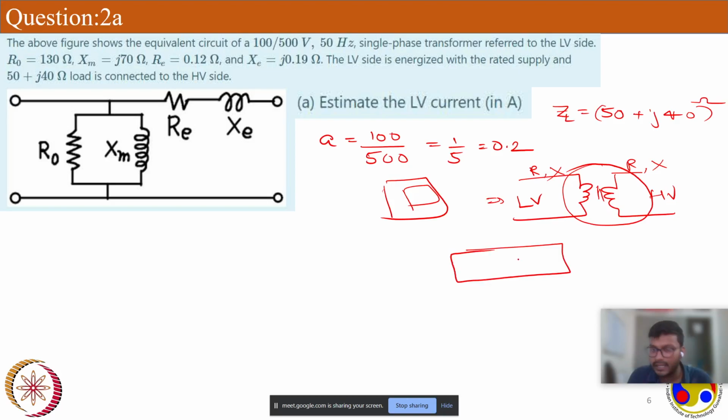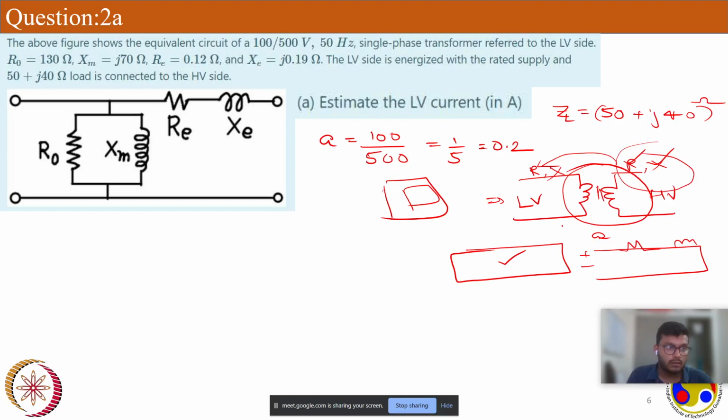If it is a single circuit, it will be easy to solve. So with this turns ratio, we will refer whatever parameters are here to this side, and we will have only a single circuit. This will be the supply, and we will have some resistances and impedances. It will be a simple circuit, an easy network problem. So just to make our calculation simpler, we will refer all the components to one side.